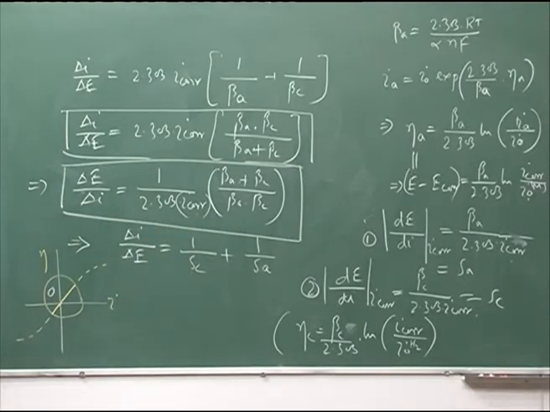So, this is the concept of measuring corrosion current density from linear polarization, and this is the linear polarization curve.